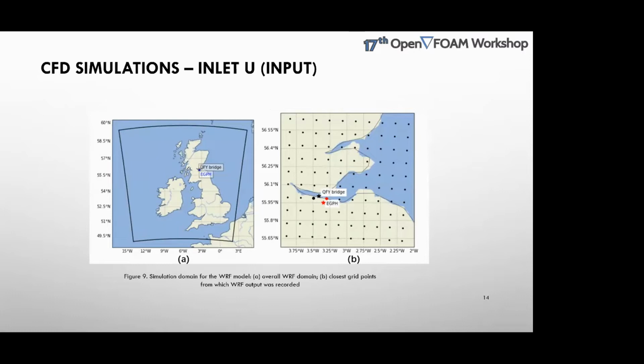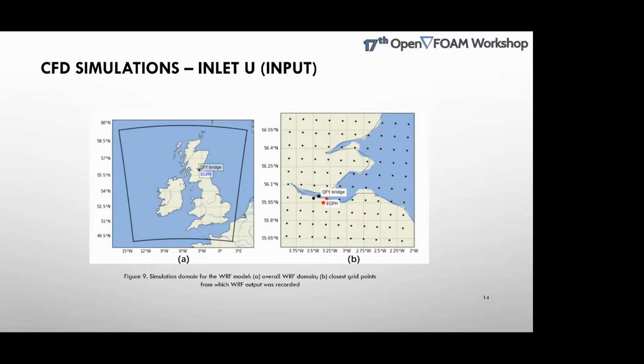So you can see here the domain of the WRF model. It's a very big model that covers the whole United Kingdom, and the domain grid is 30 kilometers squared, and the height is 3 kilometers.